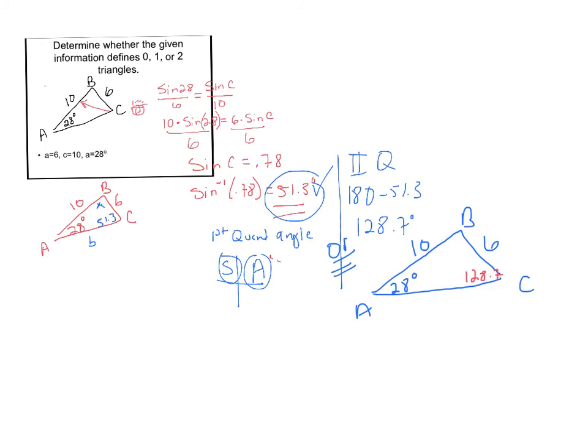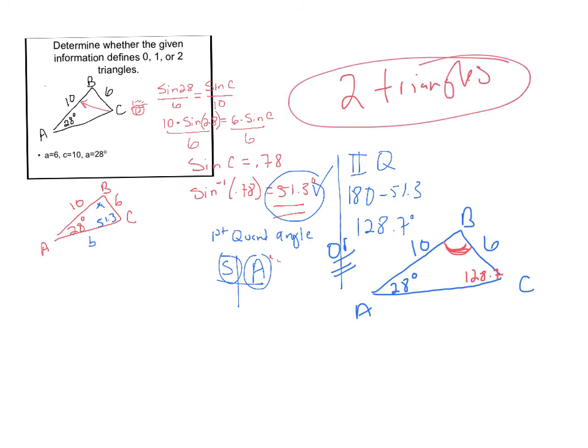If I put this in here, do I have enough out of the 180 to get angle B? I sure do. I can actually get an angle there. And so what that tells me is I have two triangles that can be created, and so this is our ambiguous case.